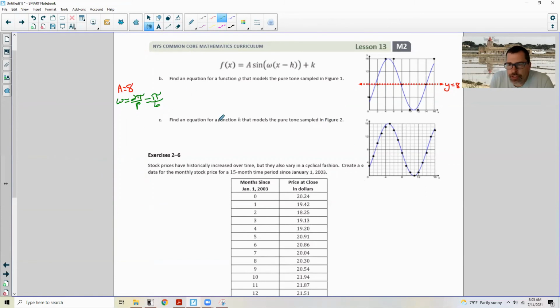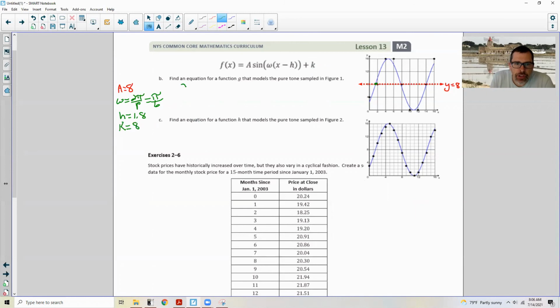I'm just going to leave it pi over 6. What is our shift? Well, if we wanted to start right here instead of here, from 0, it got shifted over almost 2. I'd say approximately 1.8, I guess. So h equals 1.8. All right, and k, well, if this should be down here at 0, your y equals 8 is your k, k equals 8.